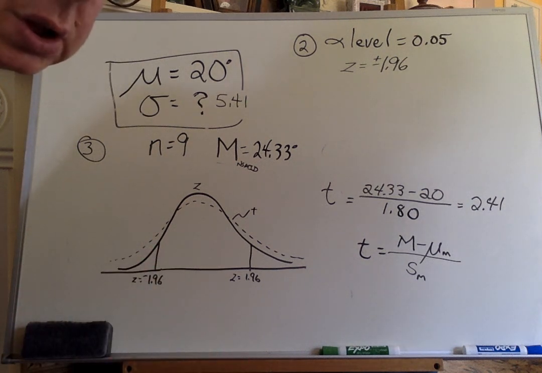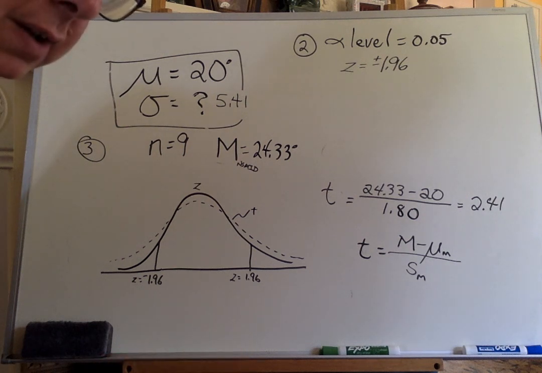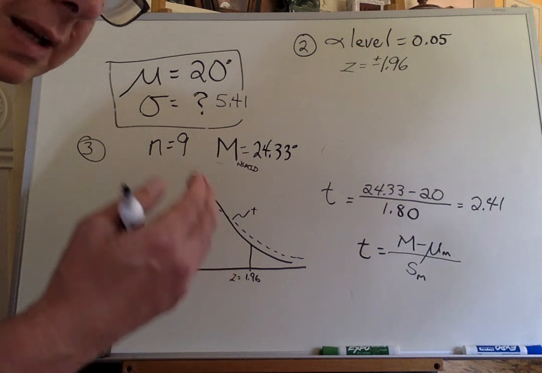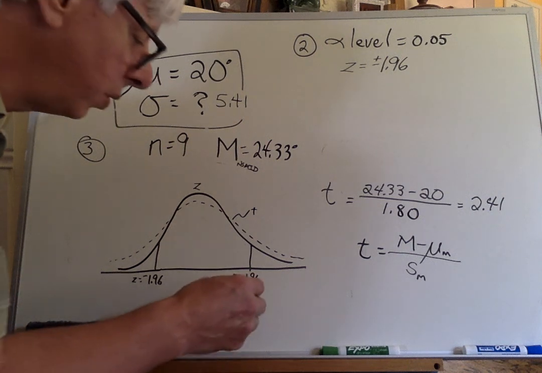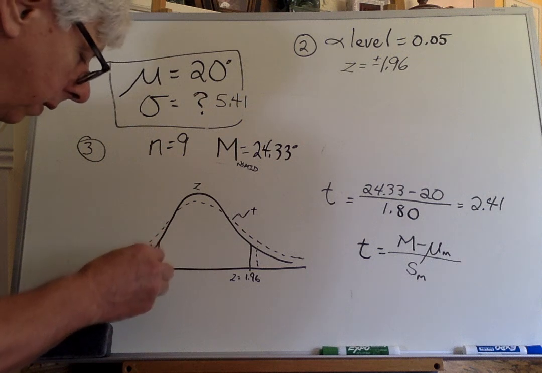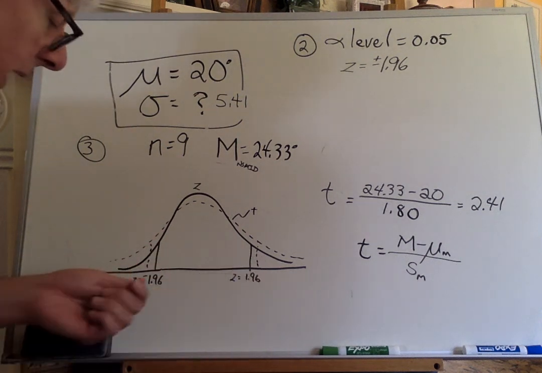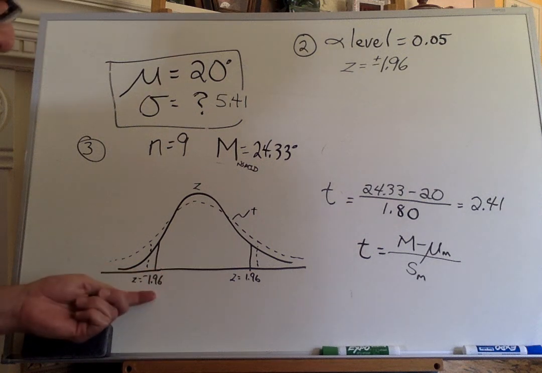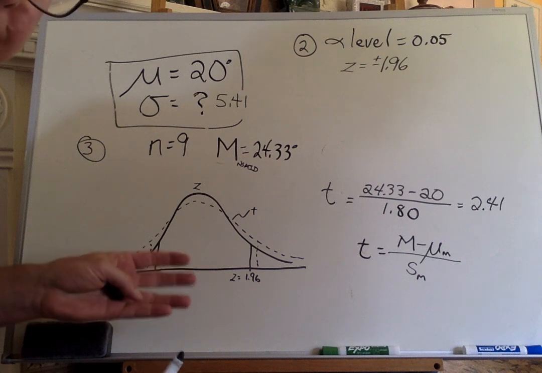That's not cool because I want to keep my probability of type 1 error, which is equal to alpha, at 0.05. So what we're going to do is move the critical value out a little bit. So it's going to be greater than 1.96, less than minus 1.96, but not too much, okay?